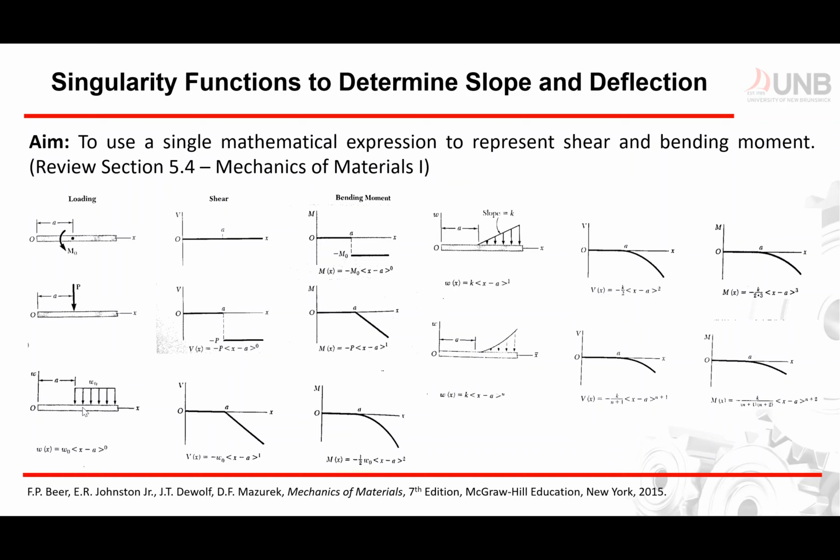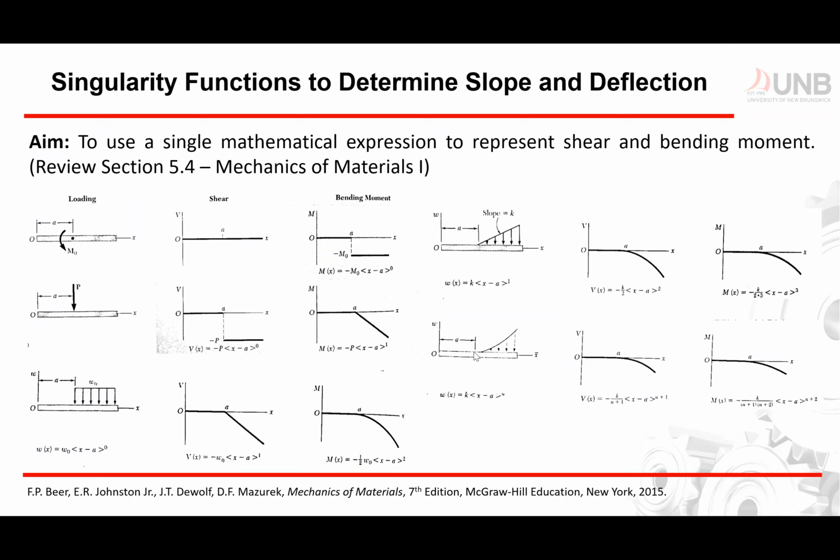If you have a distributed load from a up to the end of your beam, you first have your diagonal line, so that's raised to 1, and then eventually you're going to have a curve. Now this is raised to 2, and so on. So this is a triangular distributed load. So k would be your slope, so that's negative k over 2.